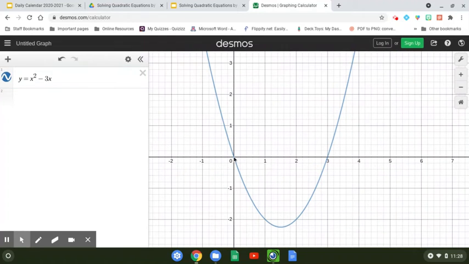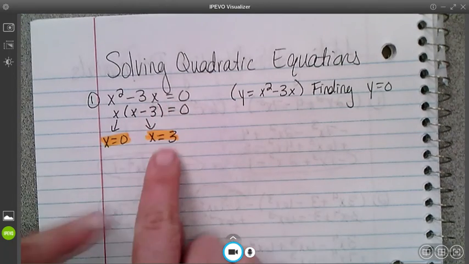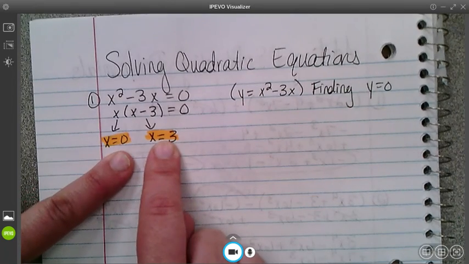And where is y 0? When x is 0. And when x is 3. Those are the only two places on this quadratic function that the y value is going to be 0. It's the only two ways we can make this equation equal 0 at these two numbers.